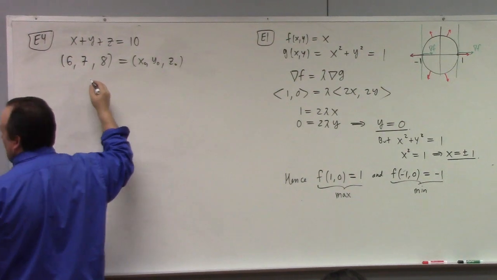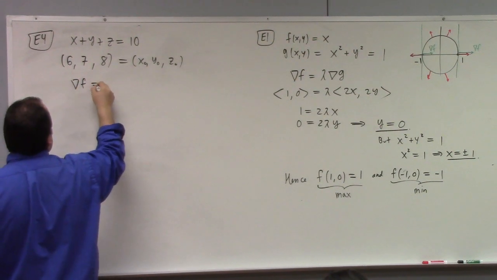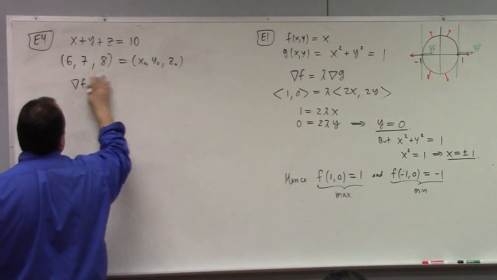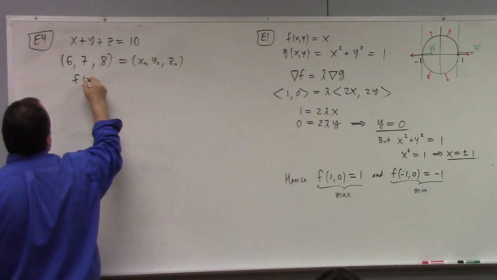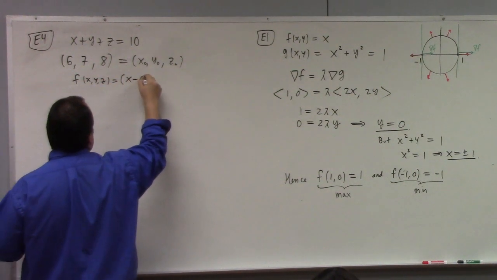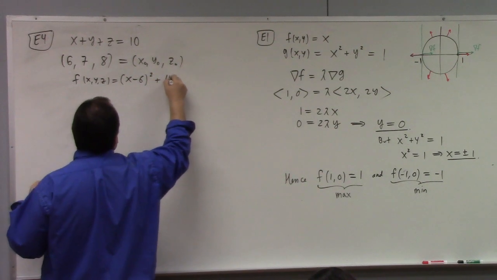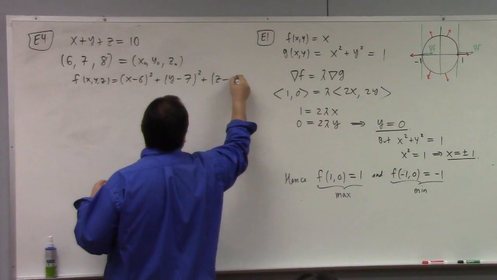So we would be up against gradient of f equals, well, first of all, my objective function in this case is f of x, y, z, which is (x minus 6) squared plus (y minus 7) squared plus (z minus 8) squared.